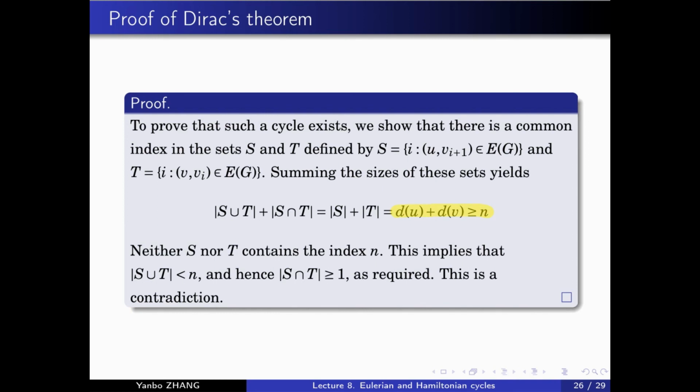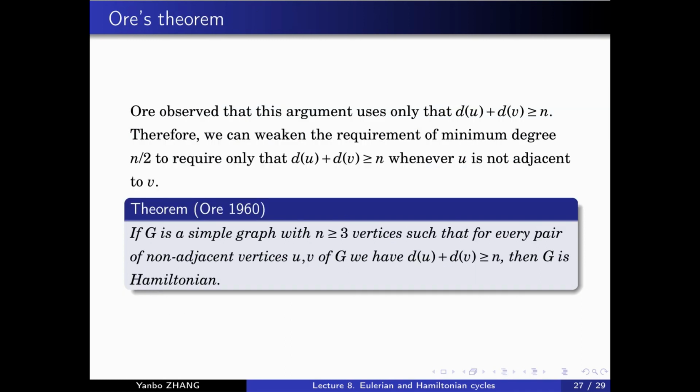Therefore, we can weaken the requirement of minimum degree n over 2 to require only that du plus dv is greater than or equal to n whenever u is not adjacent to v.